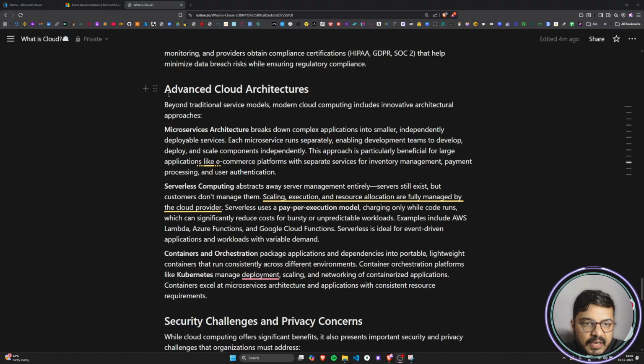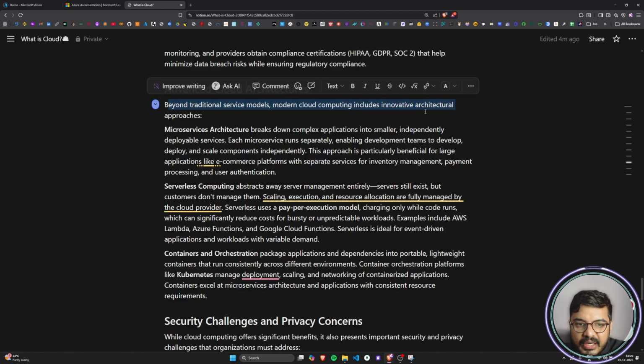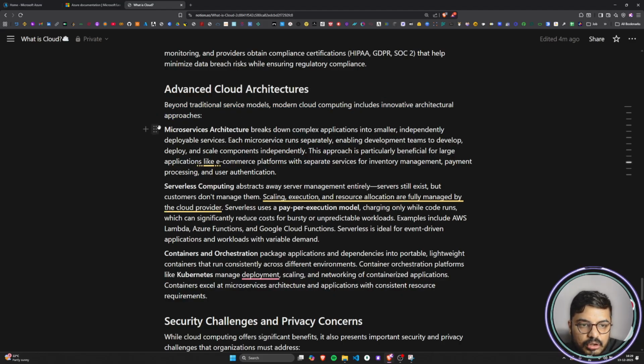So talking about the advanced cloud architectures, right? Beyond the traditional service models, modern cloud computing involves innovative architectural approaches. First one is microservice architecture. It breaks down complex applications into smaller, independently deployable services. Each microservice runs separately, enabling development teams to develop, deploy, and scale components independently.